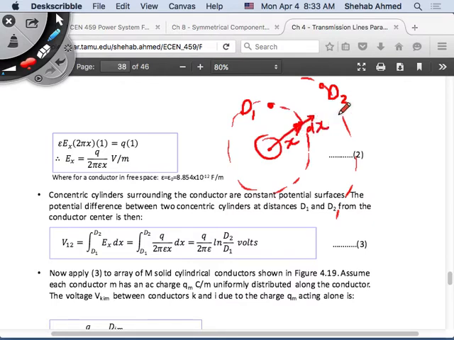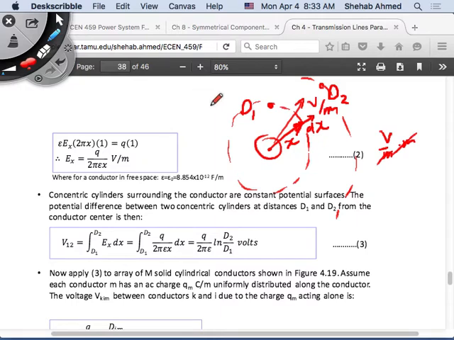So I would have to integrate the electric field strength. Electric field is in volts per meter. I would like to calculate volts, so I would have to multiply this volts per meter by the distance, so that I cancel that. What distance? It's the total distance between any 2 points in space around the conductor.